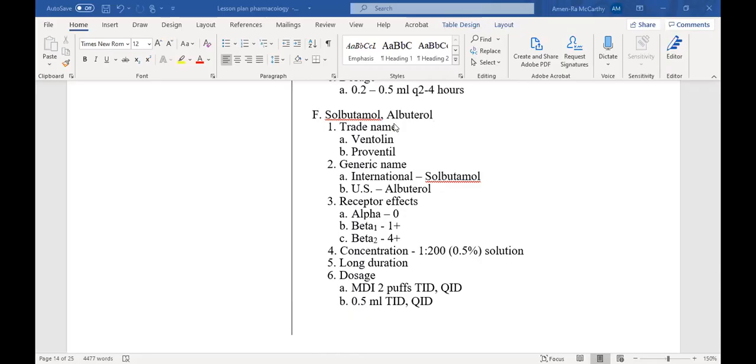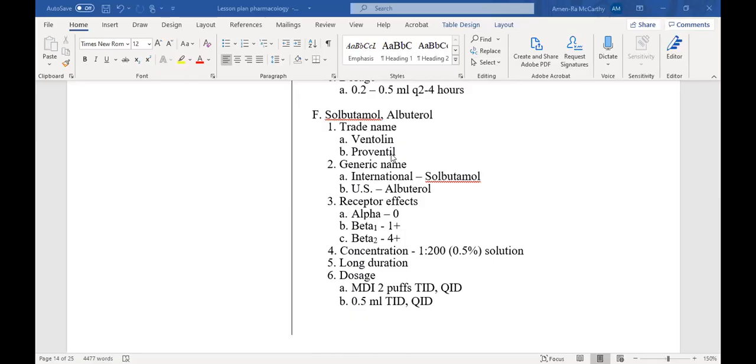In America, albuterol is called albuterol, but in Europe or anywhere else in the world, it's called salbutamol. So both of those are generic names, okay? This is the American generic and the international generic, okay? The trade names of these are Ventolin and Proventil. Ventolin or Proventil is the trade name for albuterol.